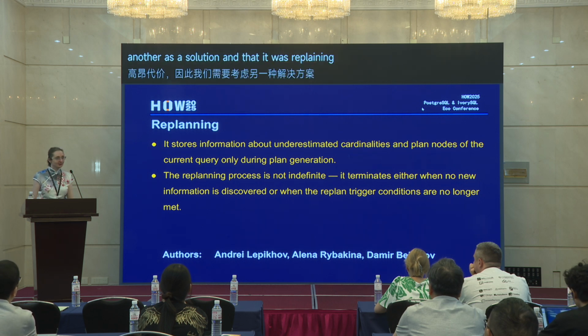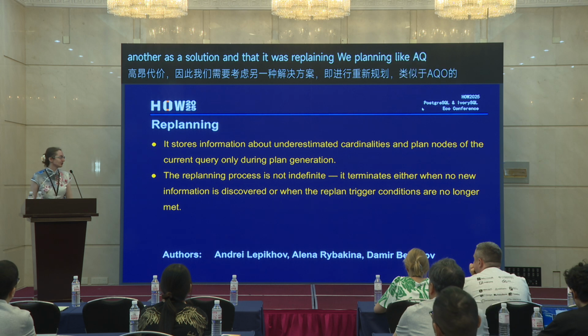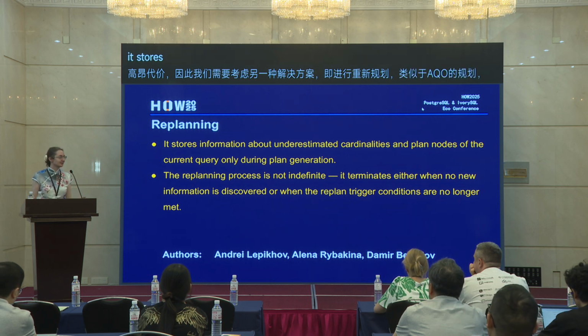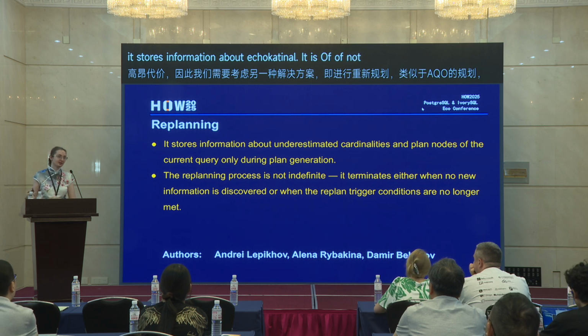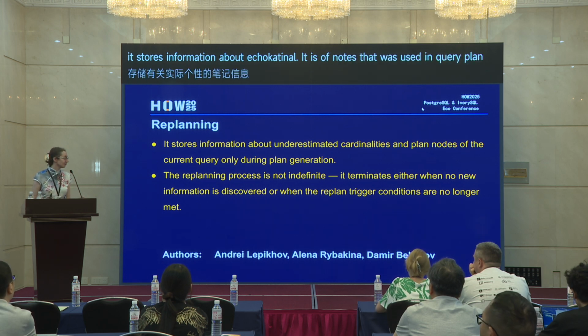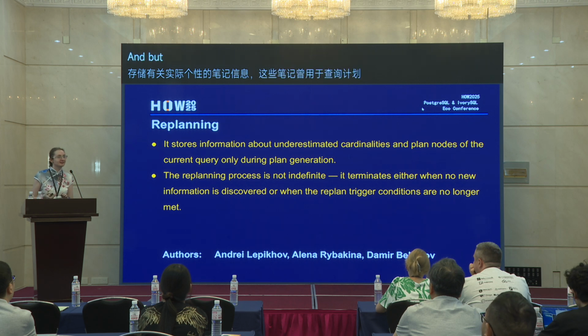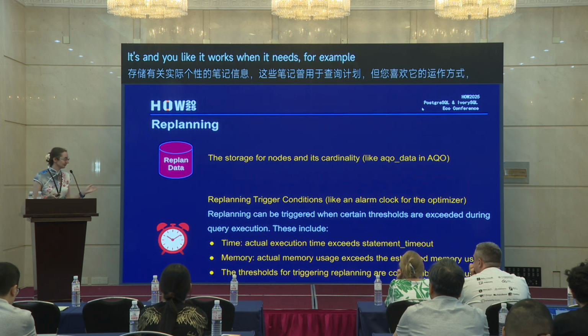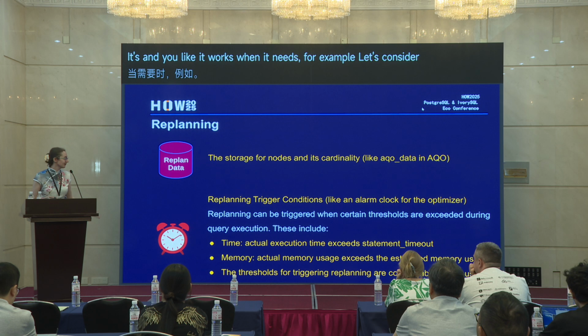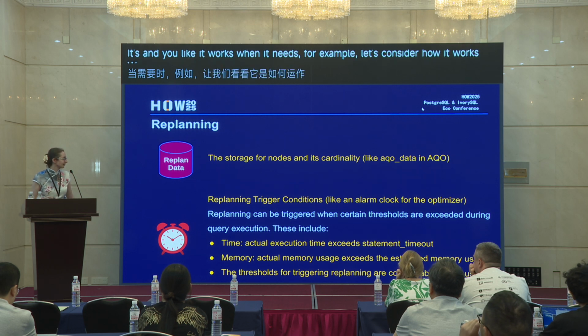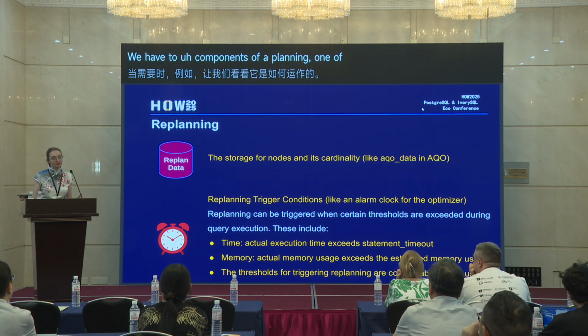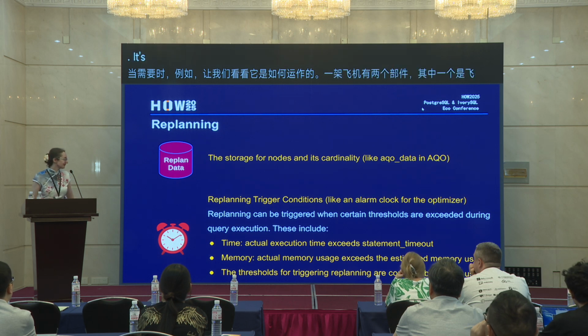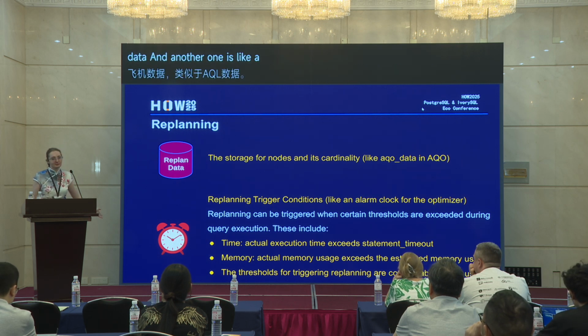Replanning, like AQO, stores information about actual cardinalities of nodes that were used in the query plan, but it works only when needed. For example, let's consider how it works. We have two components of replanning. One of them is replan data, like AQO data, and another one is like an alarm clock for the optimizer.